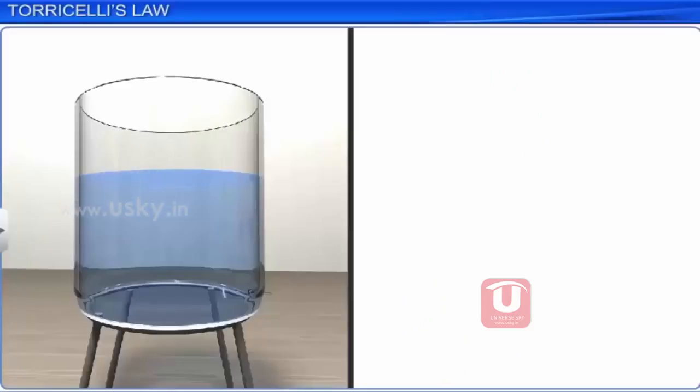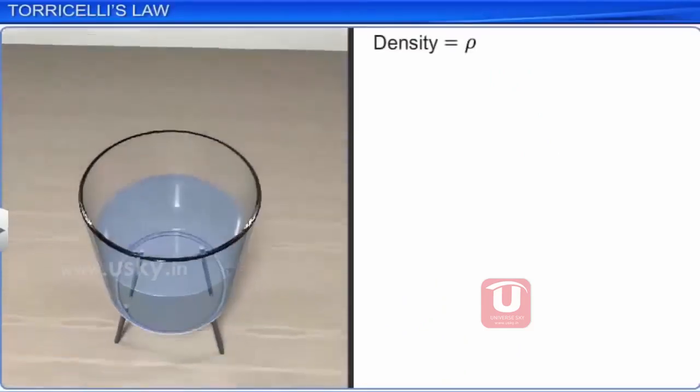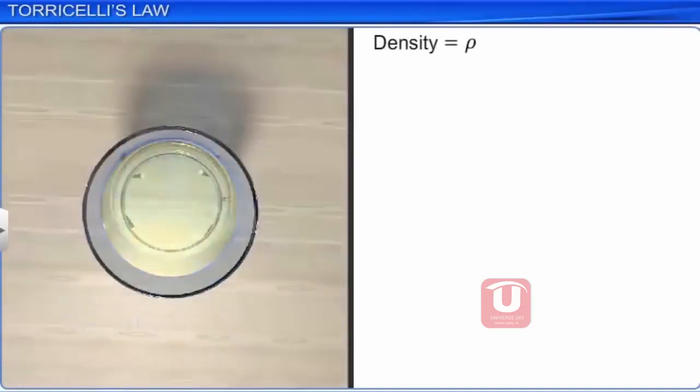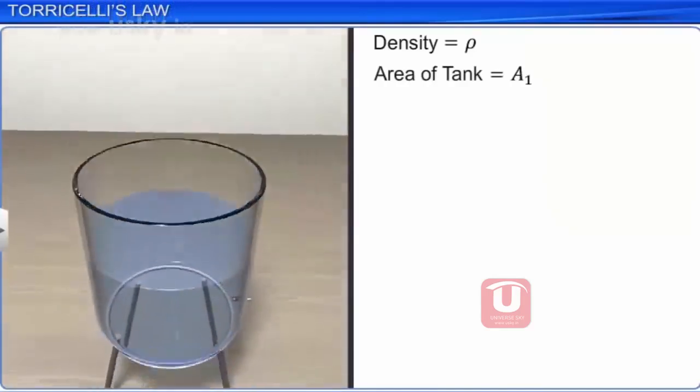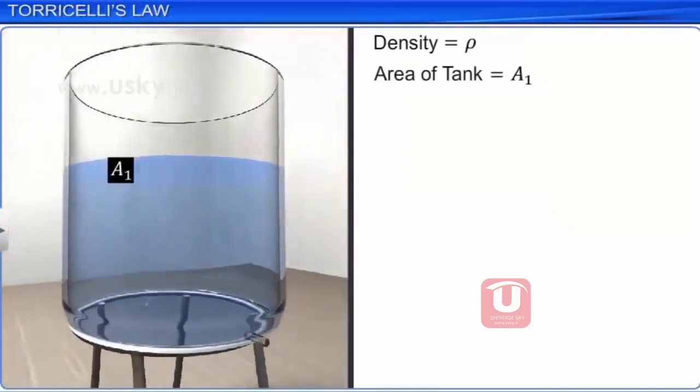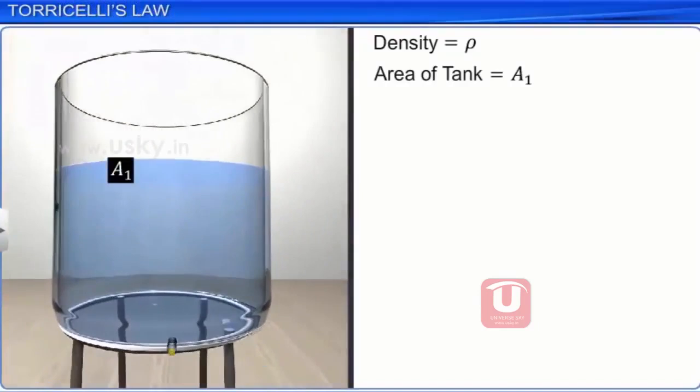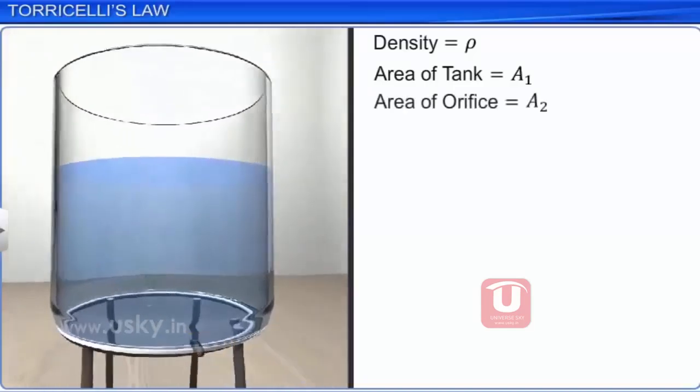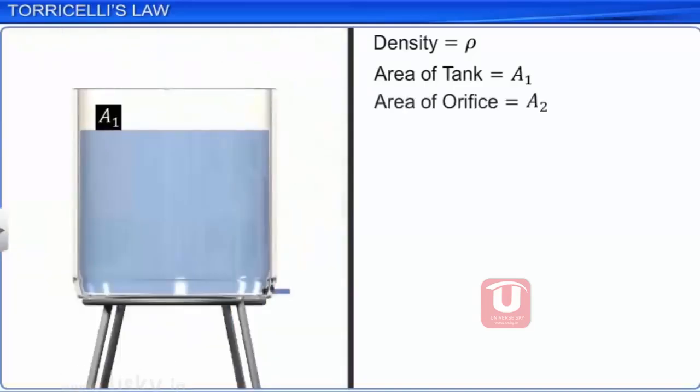Consider a liquid of density ρ in a tank of large cross-sectional area A1. Let the liquid flow out of the tank through a hole at the bottom of the tank of cross-sectional area A2. Here, A2 is much smaller than A1.